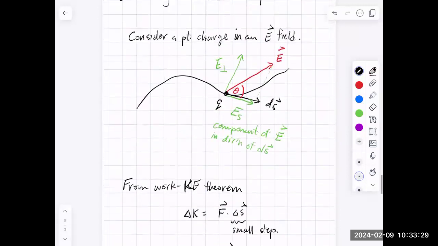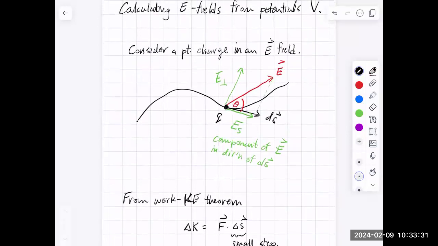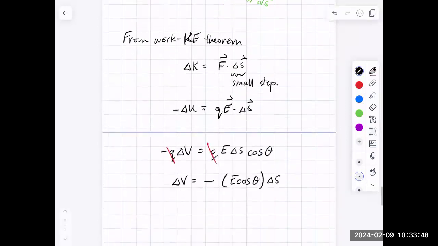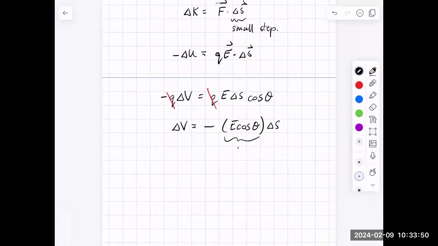Let's go back to our picture here for a second. What is E times the cosine of theta? It's the component of the electric field that is adjacent to the angle theta, and so that's just E sub S. This is E sub S, the component of the electric field that is parallel to our displacement.